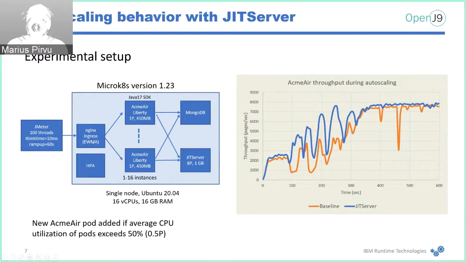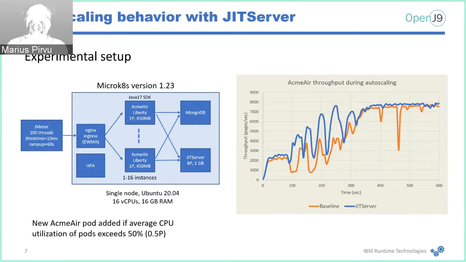I'm going to talk about that later. And load is applied with JMeter and the configuration on the graph. JMeter is outside the cluster. Of course, inside there is a horizontal pod autoscaler component, which scales the number of AcmeAir instances. It starts at 1 and it can scale up to 16.